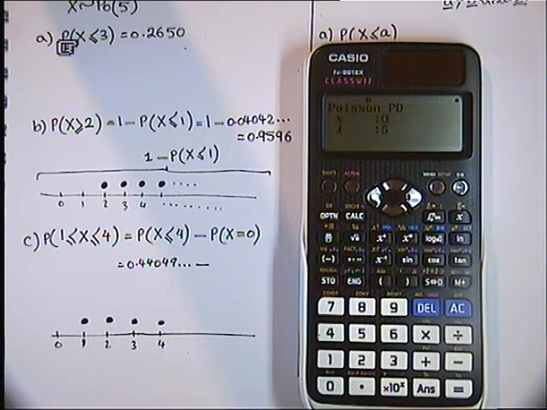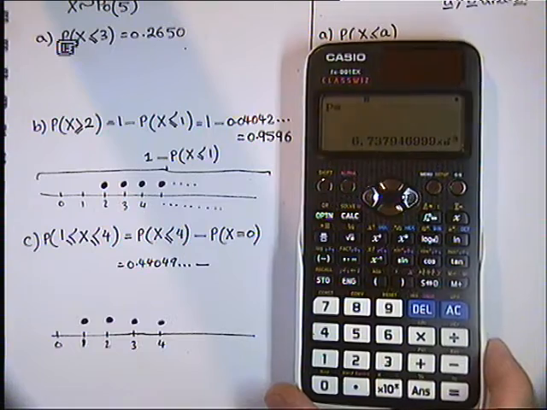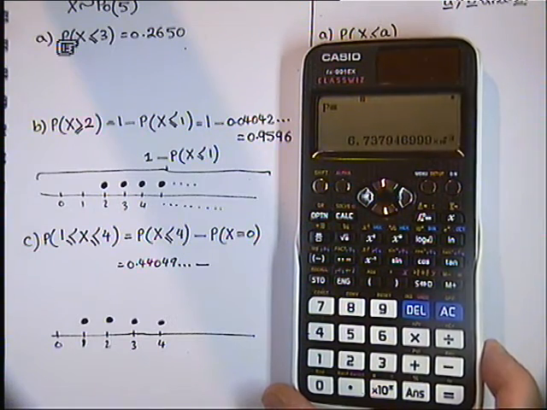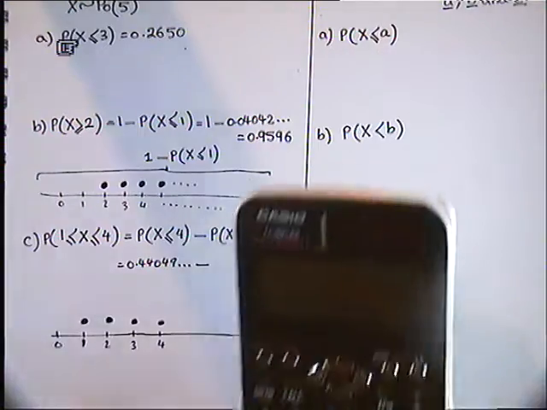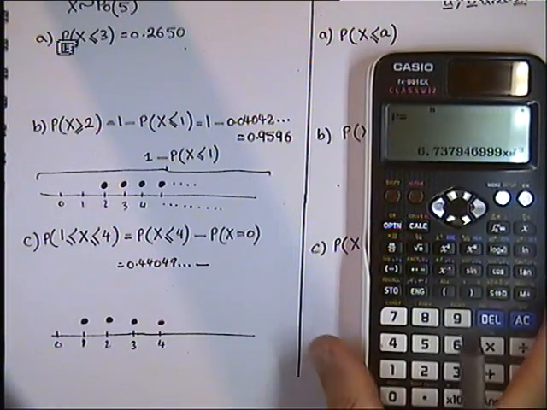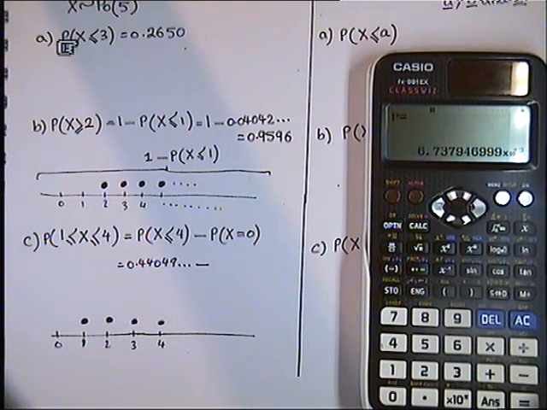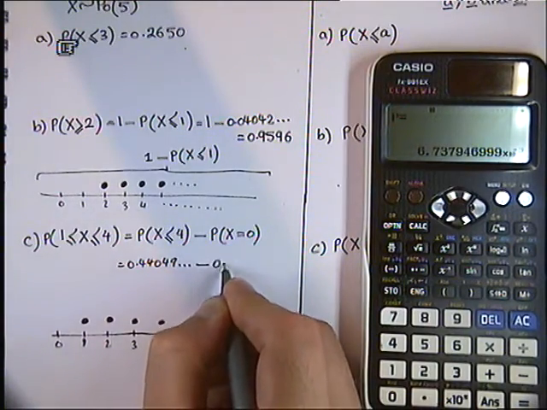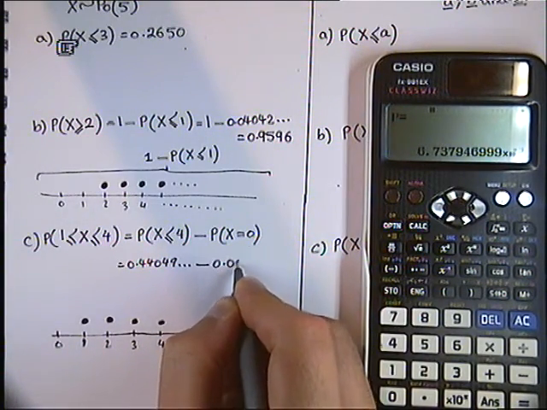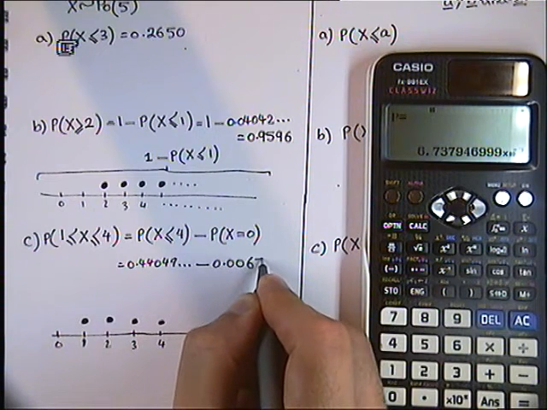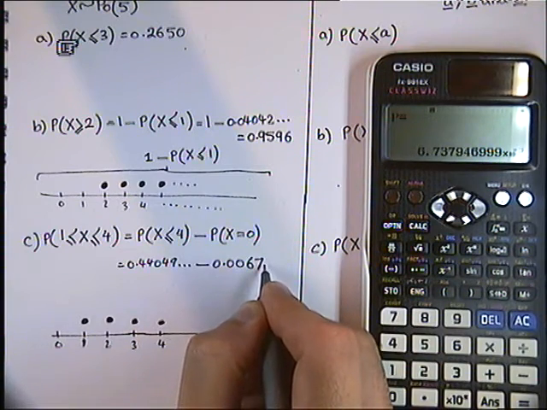X equal to 0 and lambda equal to 5, which gives 6.73 times 10 to the power of minus 3, or 0.0067 and so on.